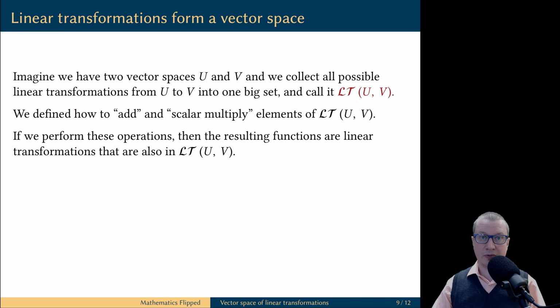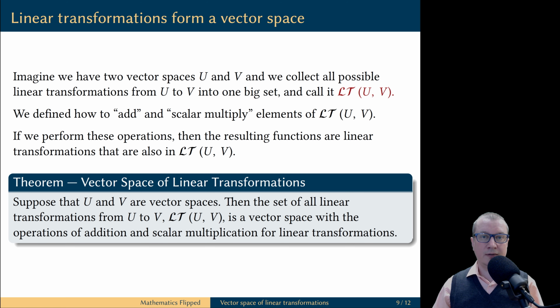The result of this operation is again a linear transformation from U to V. And we learned how to take scalar multiples of linear transformations. The result of this operation is again a linear transformation from U to V. In fact, with respect to these two operations, the set of linear transformations is itself a vector space.